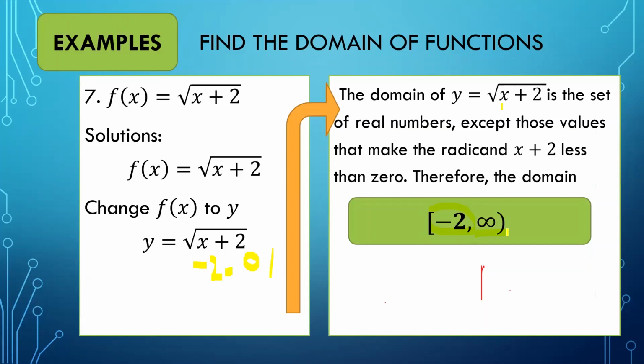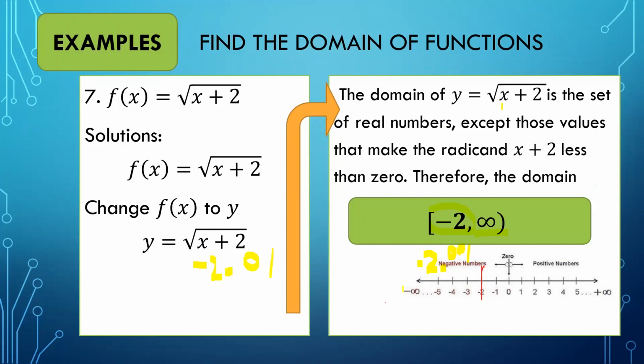Since the moment this will be negative 2.001 or negative 2.01, plus 2, the answer will be negative. So we will exclude all numbers from negative infinity to negative 2, approaching negative 2.